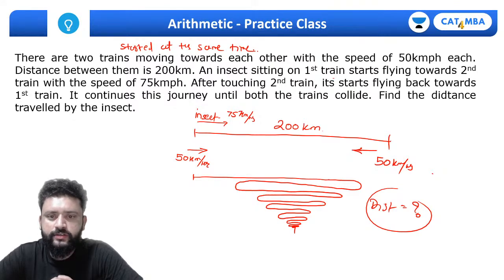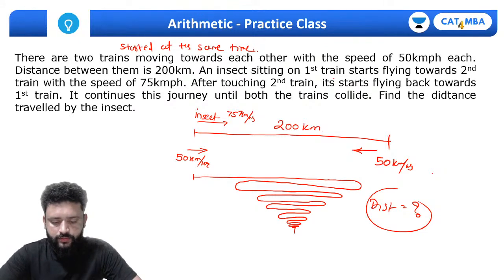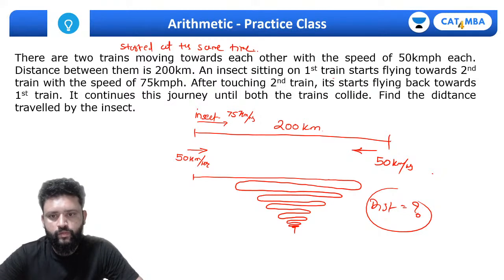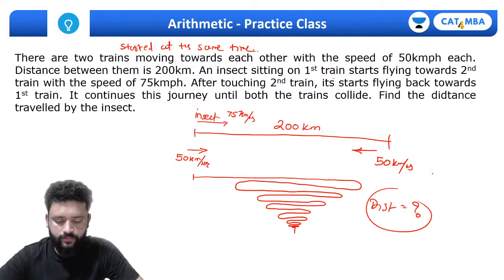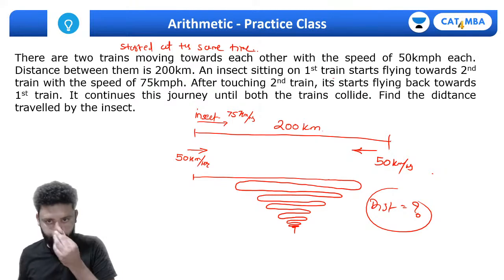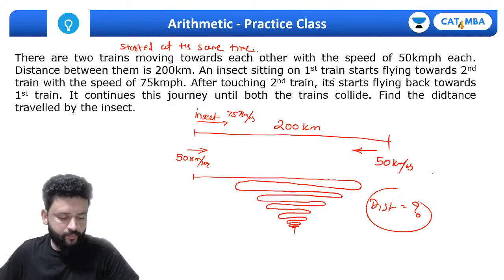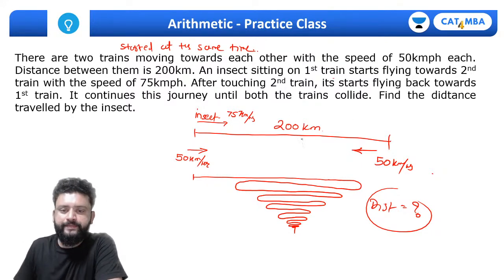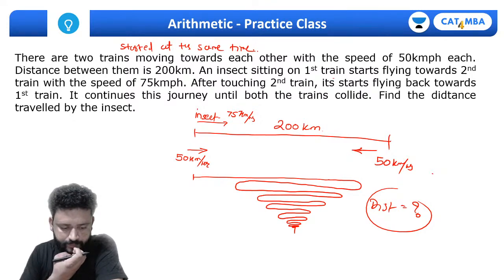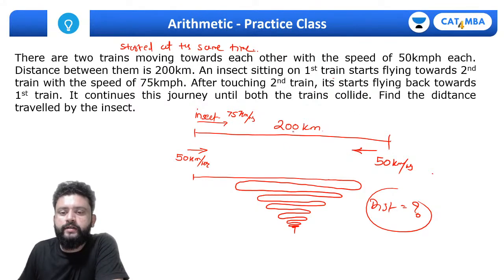Is there any confusion in understanding the question in the comprehension part? Ashish, it's not 129.2, and 129.8 is not it either. The distance between the two trains is 200 kilometers. What about you, Megha, not getting it?